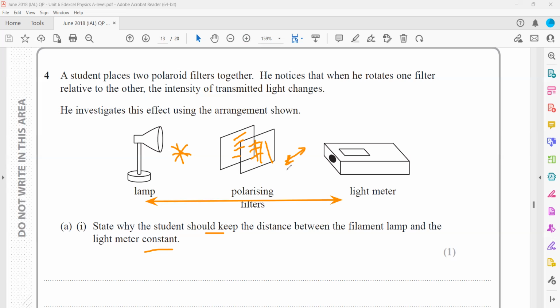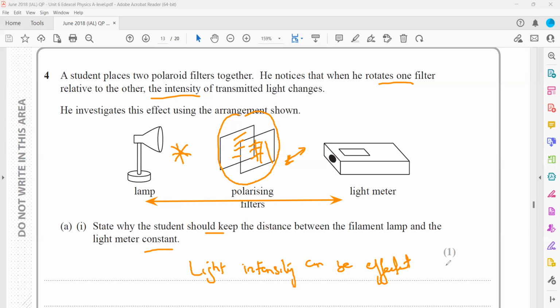We are investigating how rotation of the filter can alter the light intensity. So we should keep the distance between the light meter and the lamp constant, because light intensity can be affected by the distance between the lamp and the meter.